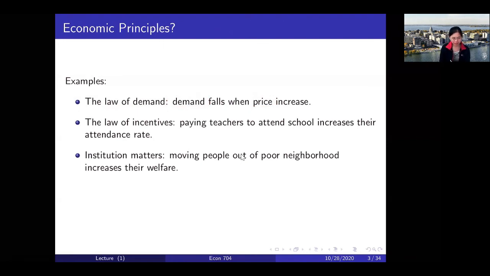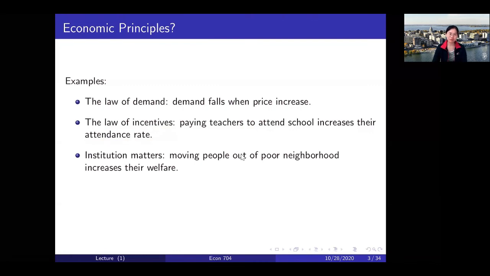And another economic principle would be the law of incentives. In economics, we talk about incentives a lot. People respond to incentives. For example, does paying teachers to attend school increase their attendance rate? Well, in the United States, teachers attend school. That's not a big deal. But in some developing countries, teachers by default do not always attend schools.